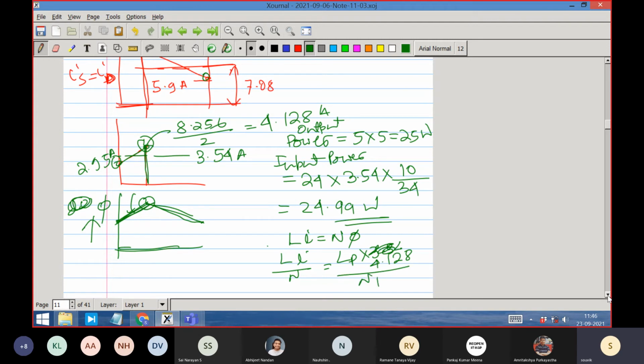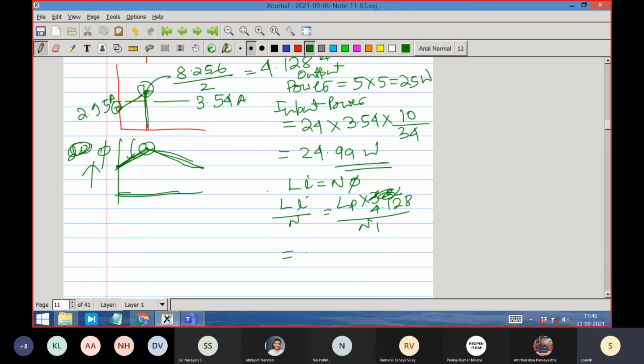And LP is how much? The secondary inductance was 15 microhenry, and because the turns ratio is 2:1, it will be into 4, right? Because N2 by N1 is this. So this is the primary inductance into 4.128 by N1.